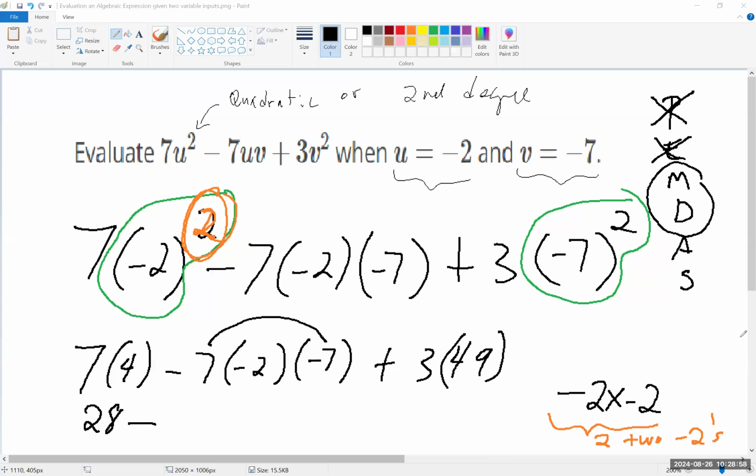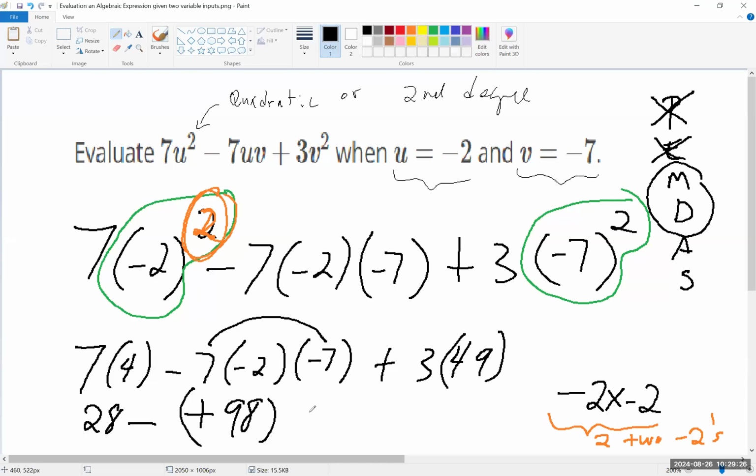So what I end up getting is a 98, because I have a positive times a negative, which is a negative, times a negative is a positive. So my mistake, it's a positive. And then I'm bringing this minus sign straight down.